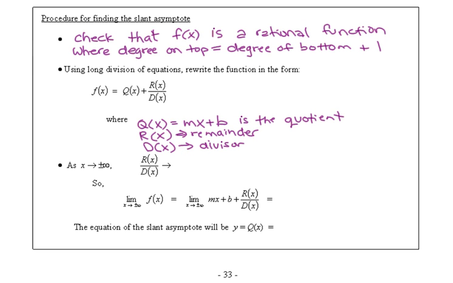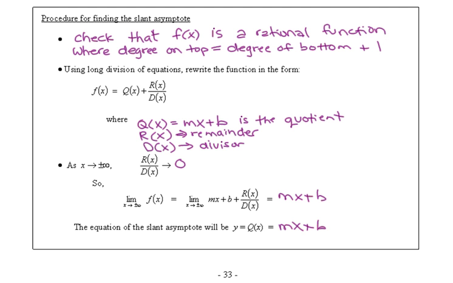As x approaches infinity, the degree on the bottom, the divisor, is greater than the remainder, so this will always approach 0. And so we're left with mx plus b. It's actually pretty simple. Let's go do some long division.